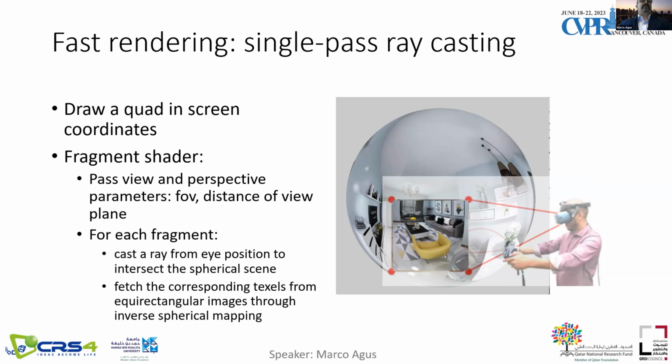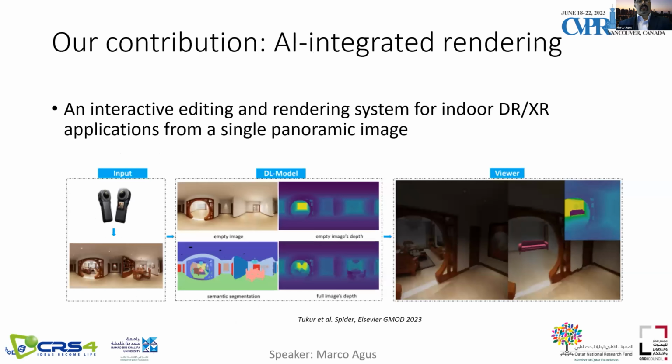And you use this ray for fetching the corresponding pixel from the signals that you have. And for doing that, you also use inverse spherical mapping. So this is used in very many viewers. Even this method is actually the fast way, especially if you have a good graphics card for performing rendering.